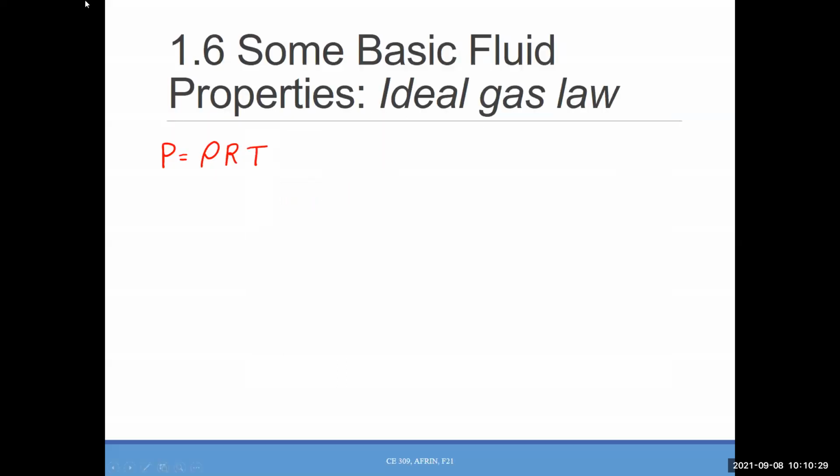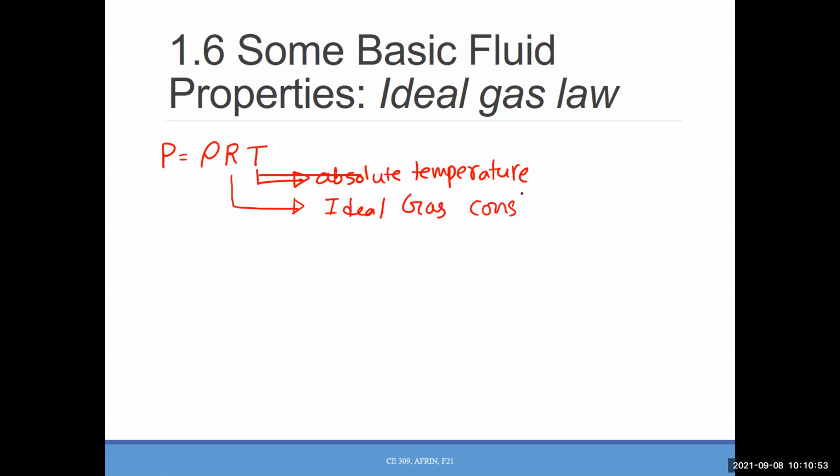Okay, so P equals rho RT. Can you remind me what T was? Absolute temperature. Good. What was R? Ideal gas constant, and we can get that from appendix A. What is rho?